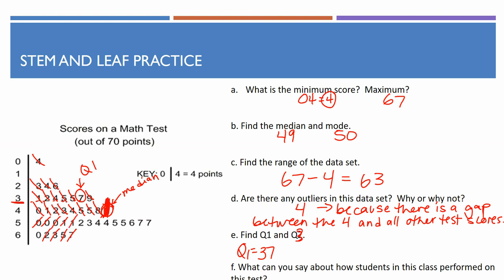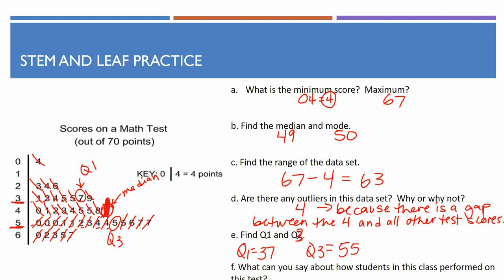A 51, a 60. A 52, and now the next biggest one is this 57 here at the end of the row, right? And then 53, 57, 54, and then here we go. There's our winner. There's Q3. So Q3 is this 5 goes along with this stem, so Q3 is really 55.